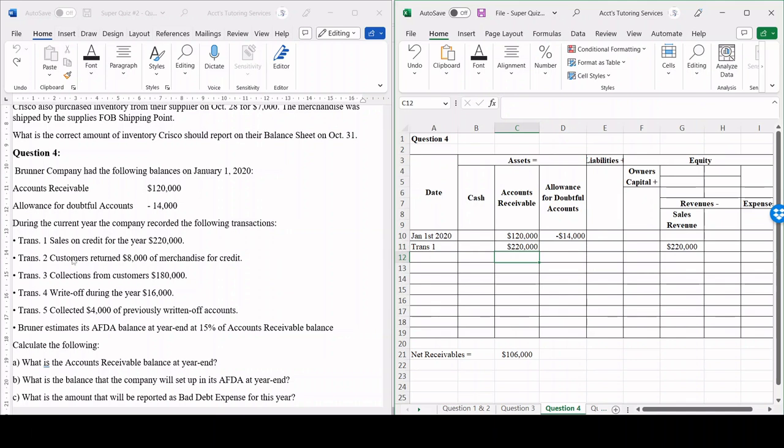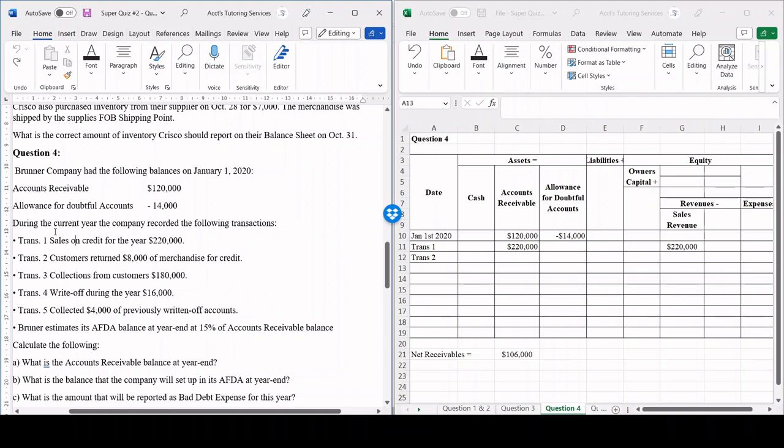Now, transaction number 2, customers returned 8,000 of merchandise for credit. So remember, let's kind of rewind. In the prior video, I indicated to you guys that whenever we have a sale, it's a 2-part entry, revenues and expenses.